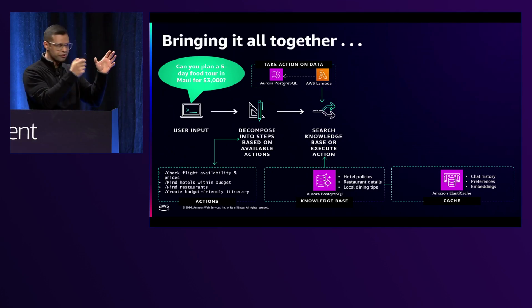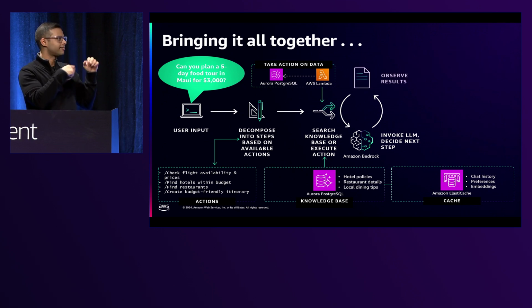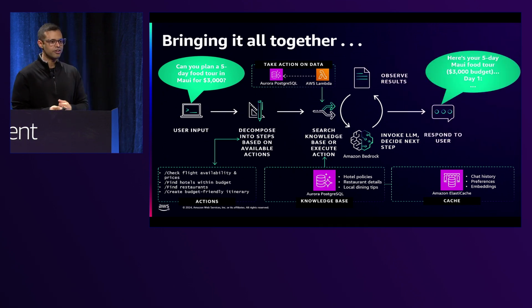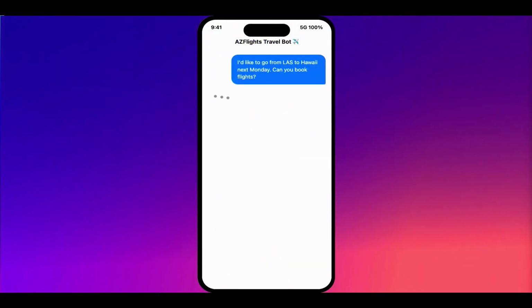So with the user asking the question, going through this iterative loop, again, the agent does this iterative loop of chain of thought, observing the results, thought, action, observation, and then finally responding back to the user with a very detailed itinerary. That's what we saw. So let's go back and see our magic in action.